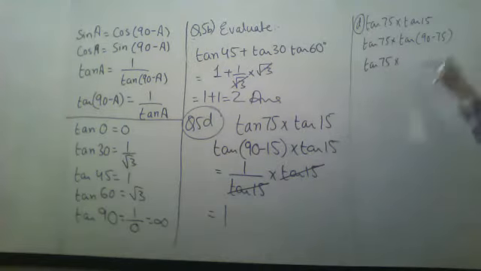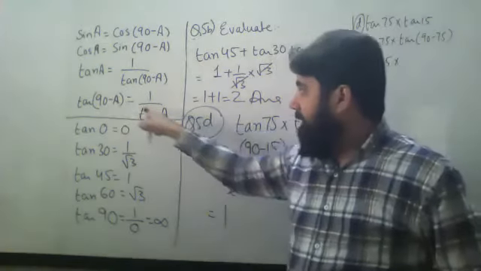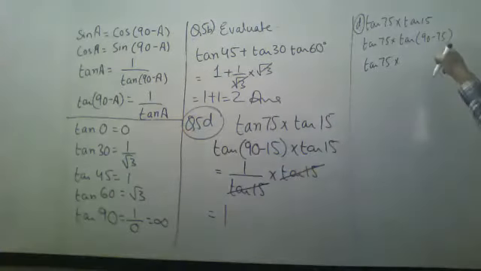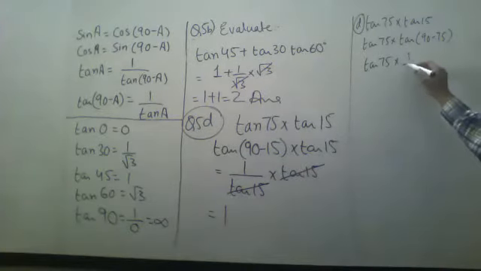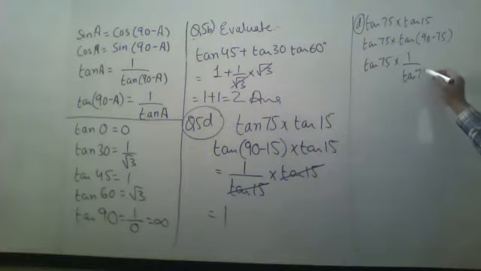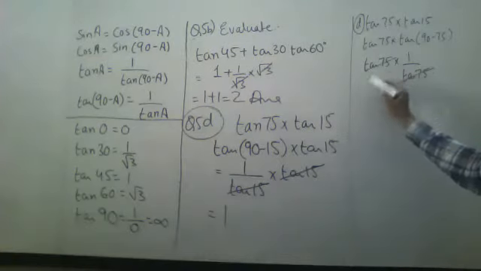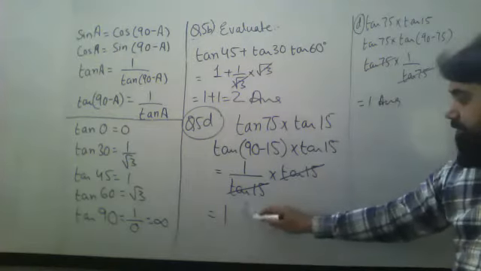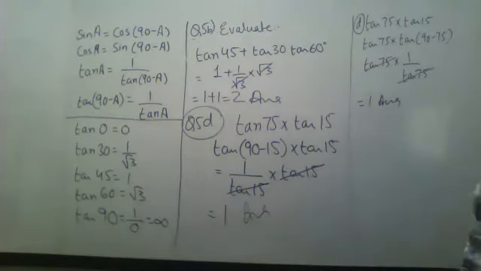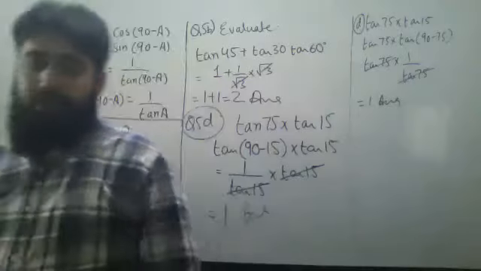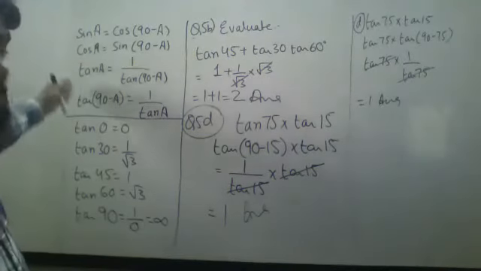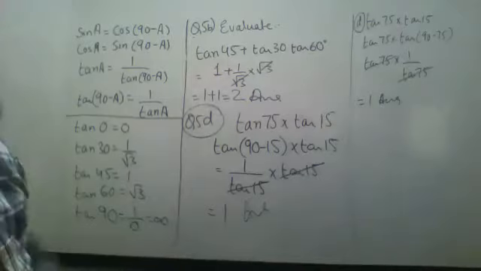Whatever is getting subtracted will be written as the reciprocal with tangent. So tan 75 into 1 over tan 75, cancellation, the answer will be 1. Whichever you convert, the answer will remain the same. That's the usage of this relation to solve our questions.